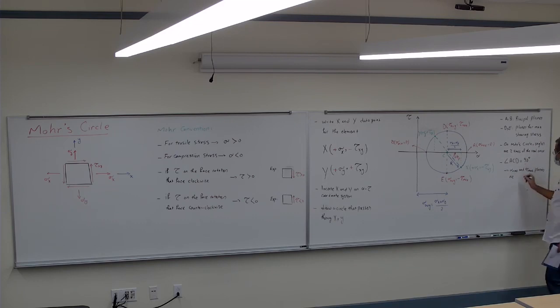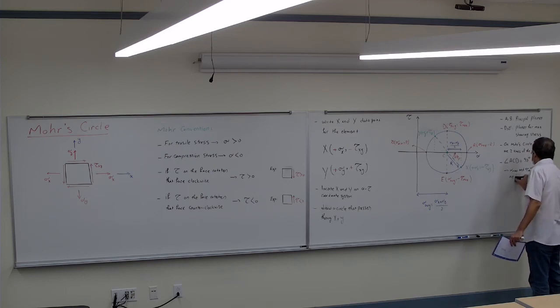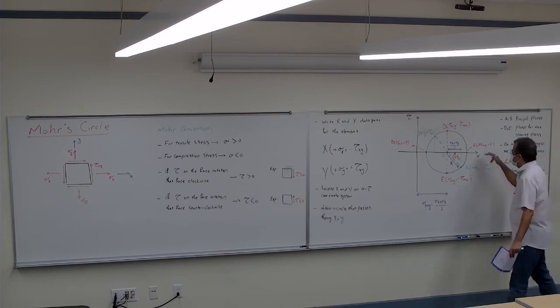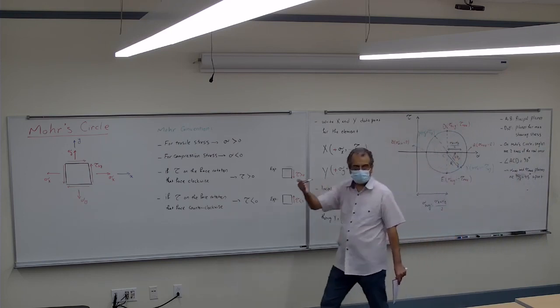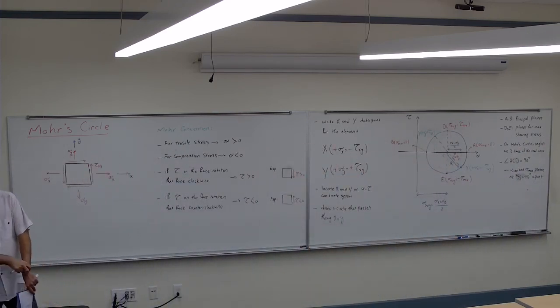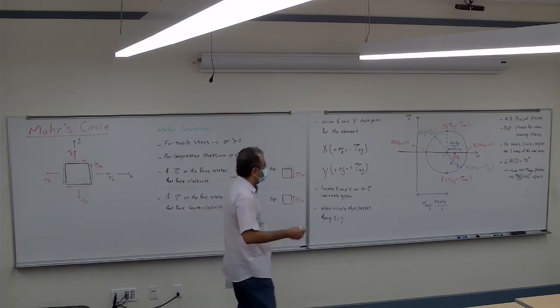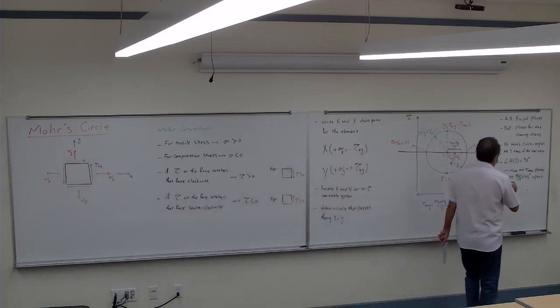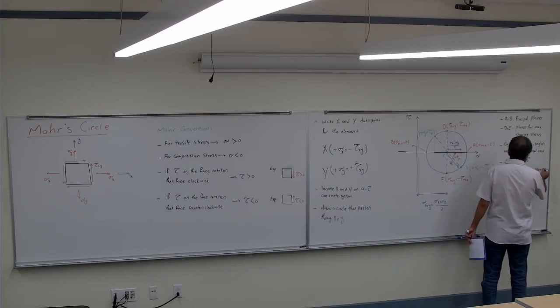Basically 90 divided by 2. If on that Mohr circle they are 90 degrees apart, it means that in reality they are 45 degrees apart. So sigma max and tau max planes are 45 degrees apart in real.